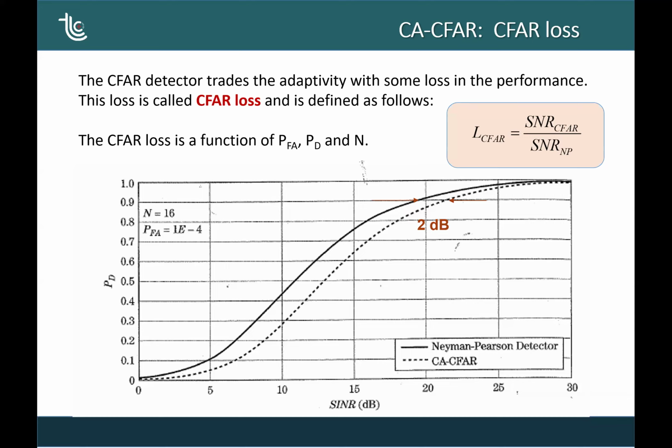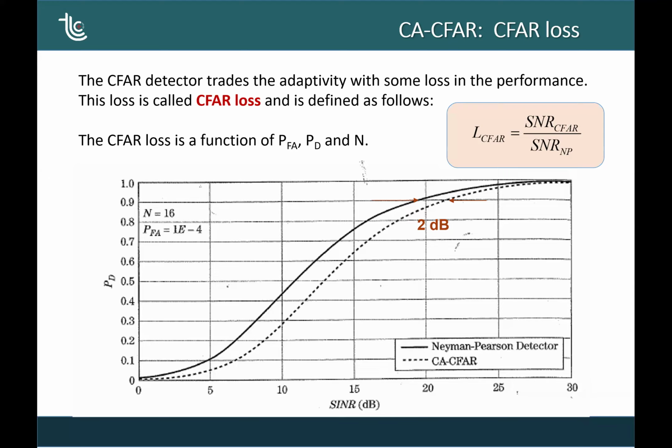If you go with the logarithm, so if we measure the signal to noise ratio in dB, of course, the losses are the difference between the signal to noise ratio in dB for the CFAR and the signal to noise ratio in dB for the Neyman-Pearson detector.